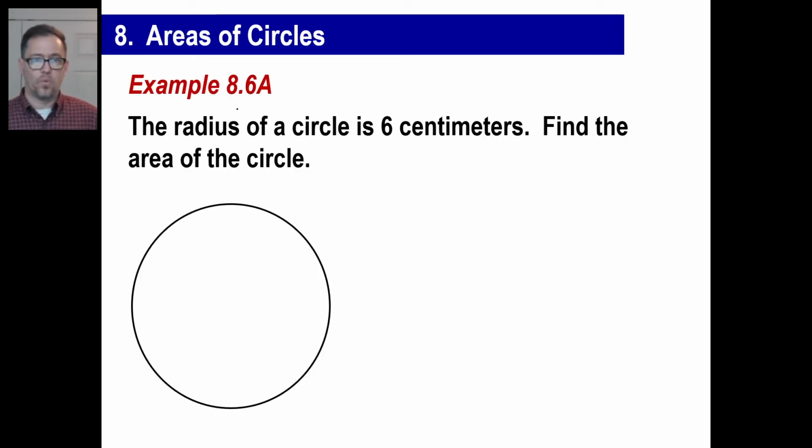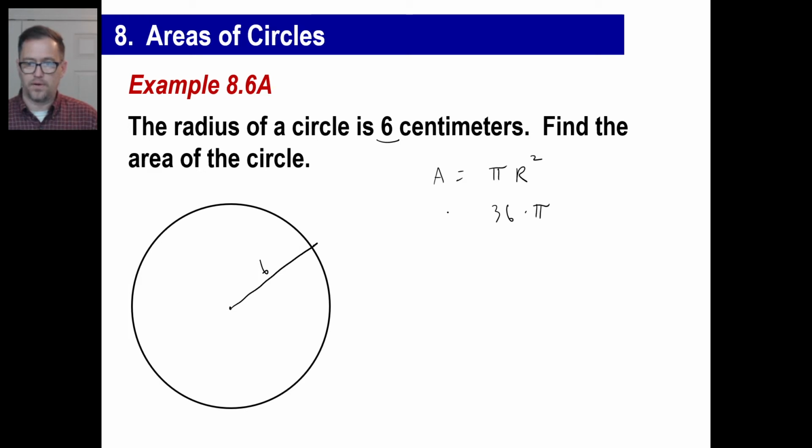The radius of a circle is 6. Let's draw it. And there's your radius. It's 6. Find the area of the circle. Well, the formula for area is pi, that's the number of times the diameter goes around a circle, times the radius squared. 6 squared means 6 times 6, which is 36. So we'll go 36 times pi.